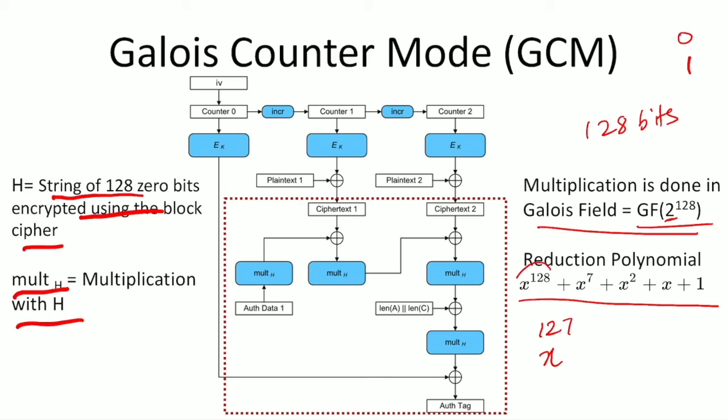So if after multiplication we have 128 or larger, then we have to reduce it by doing a modulo operation on that multiplication result with this reduction polynomial. That's essentially what this mult-H over here means.